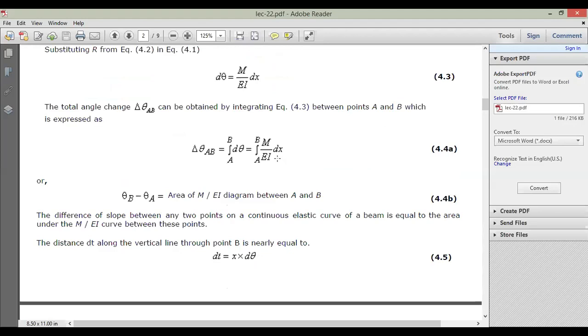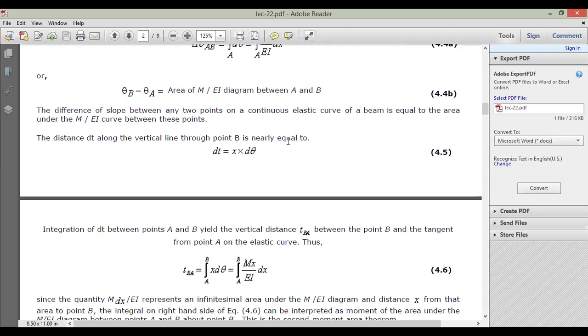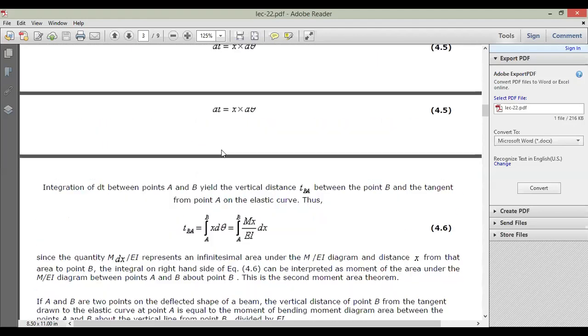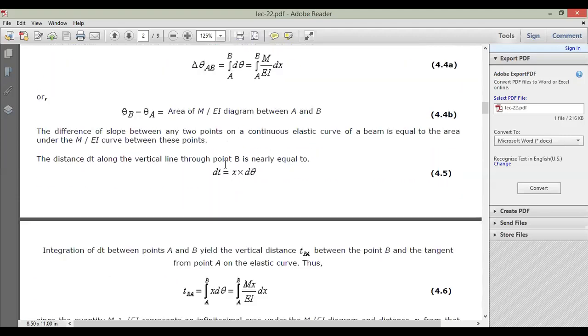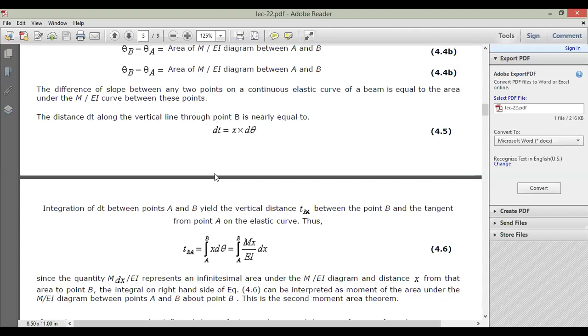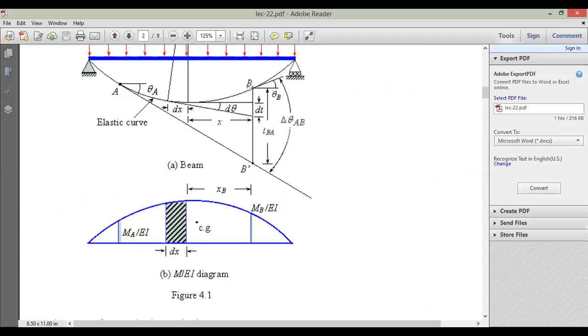So we have integrated and clubbed together these two values, and this way we find the thickness, deflection, and tA, the lateral deflection from its original position on the line AB, on the line extended at A. So we have got the total value of tB, and also the value of d theta.